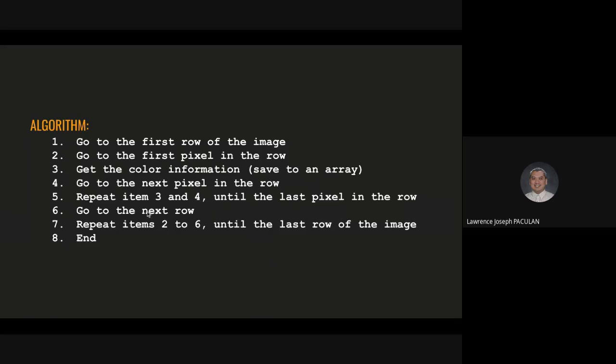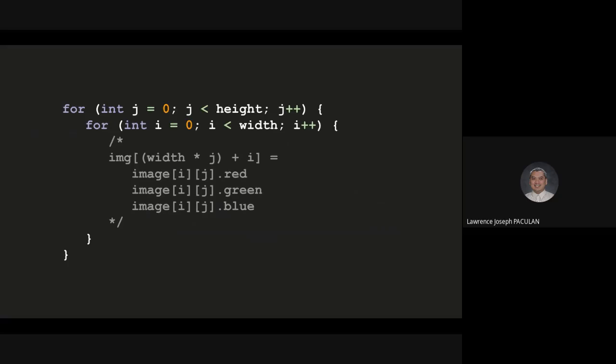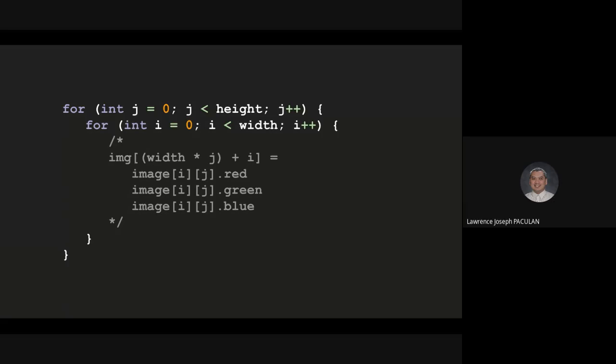And if you see items 5 and 7, there is a repeat or a loop. That's why the second loop pertains to the column, and if we reach the last column, we go to the next row. So this is how it will look.